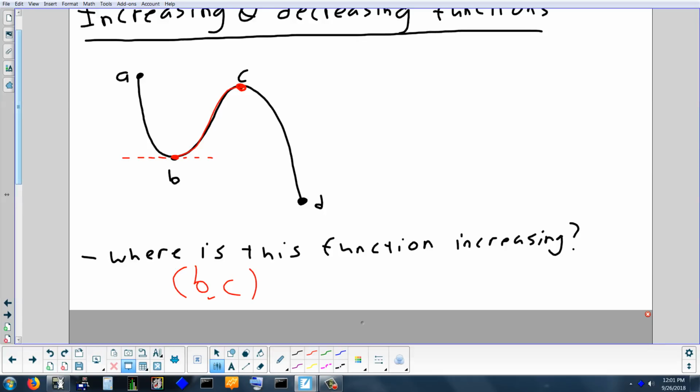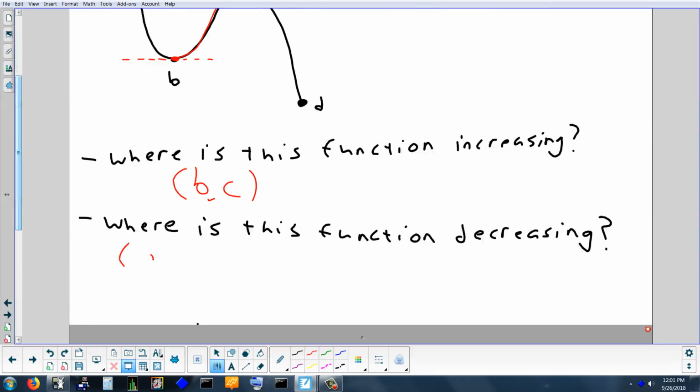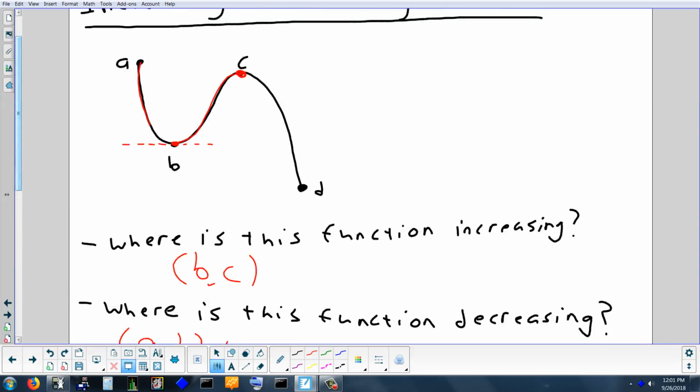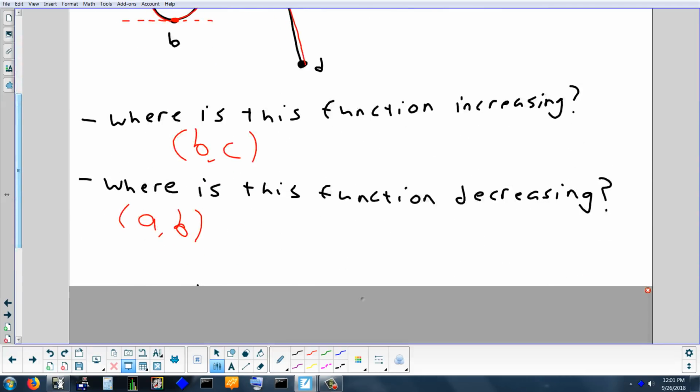From what to what? Yep. From A to B, C to B. Yep. So the function is decreasing from A to B and from C to D. So I'll just write it that way. That's where it's decreasing.